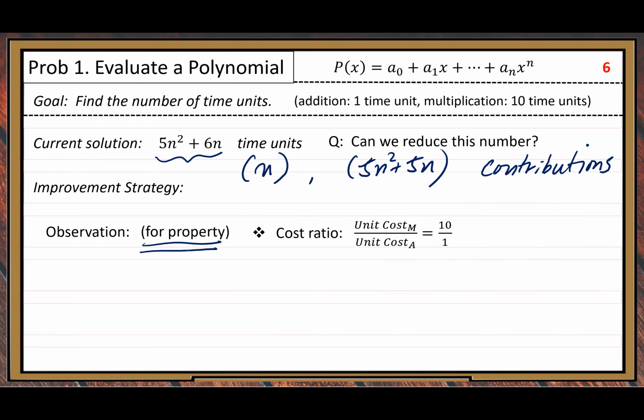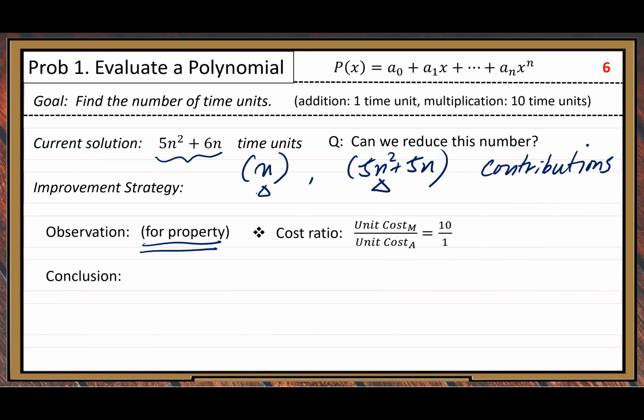The reason is the cost ratio, the 10-to-1 ratio. That's one factor. Another factor regards the number of operations, one with a square polynomial, another with a linear polynomial, also quite different. Two factors here that caused a big difference in contributions.